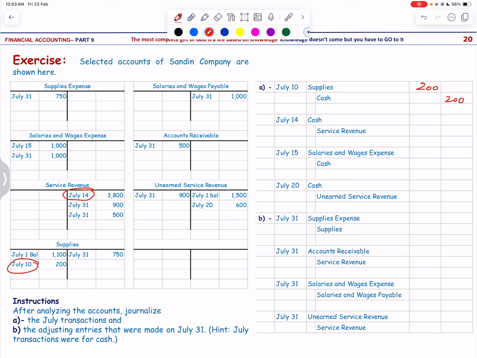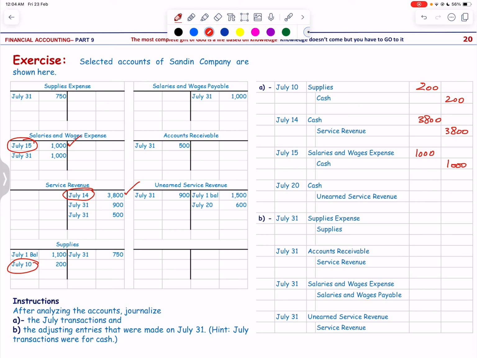And on July 14, we have the service revenue of 3,800 credit, and this will be cash 3,800. Then after 14, you can see the next is July 15. So salaries and wages expense is debit by 1,000, and cash is credit by 1,000.